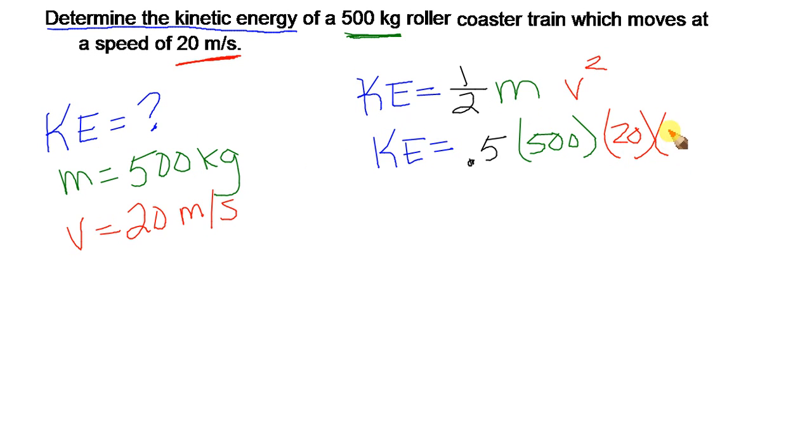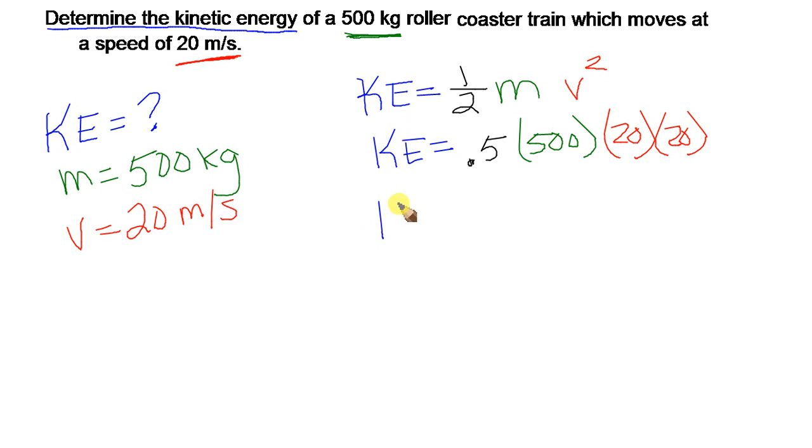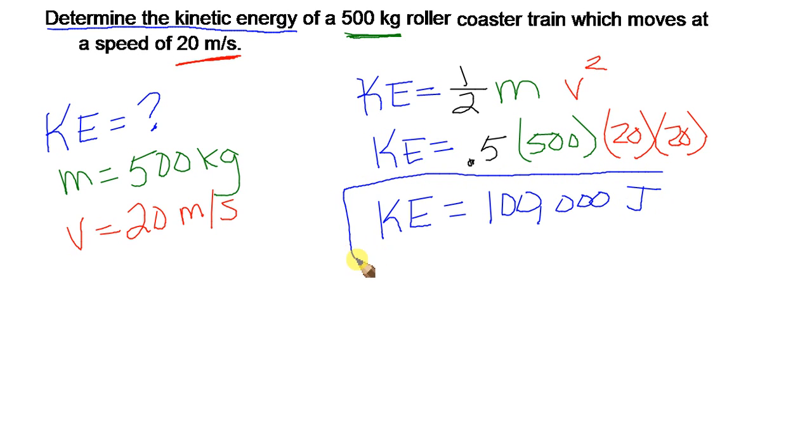And I'm going to write this velocity twice because it is squared. I'm going to take all these numbers, 1/2 times 500 times 20 times 20, and I type that into my calculator, and I find out that kinetic energy for this roller coaster would be 100,000. And I need to remember to include my units of a capital J for joules.